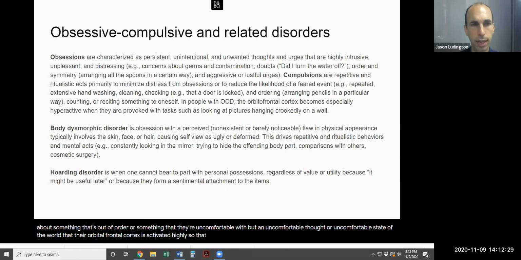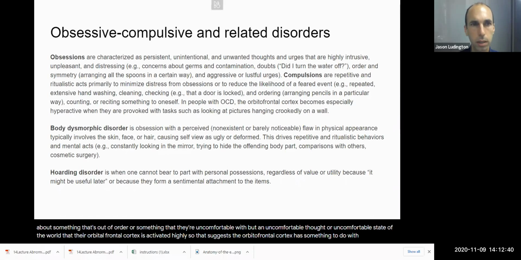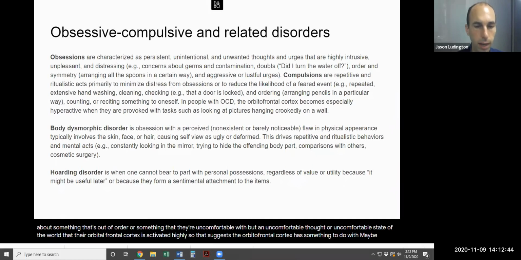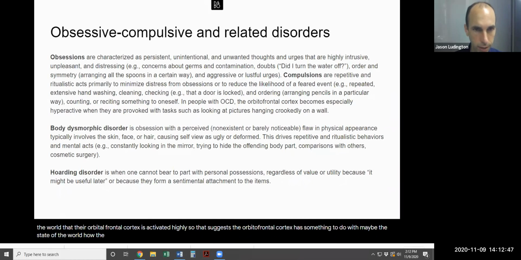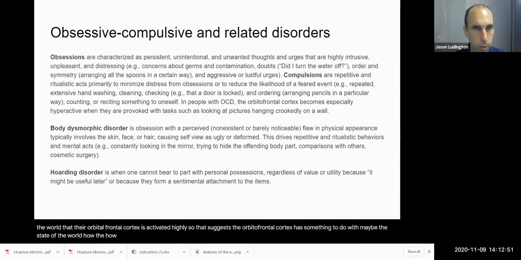So that suggests the orbitofrontal cortex has something to do with maybe how comfortable they are with the state of the world, or the desire to change or fix the state of the world.